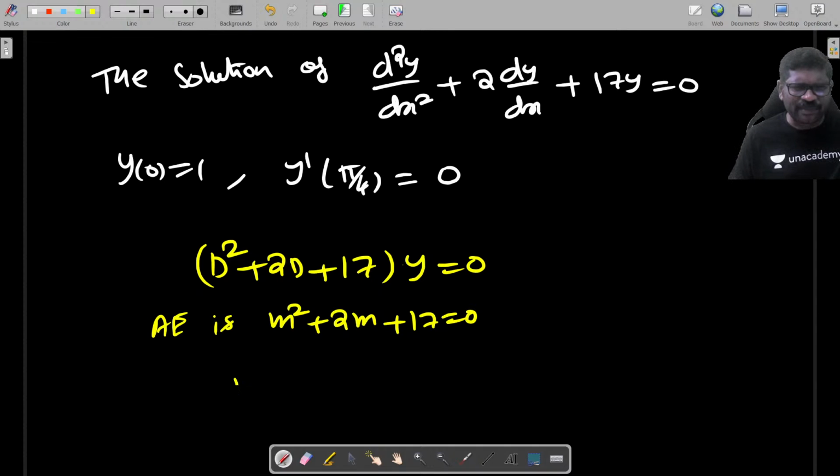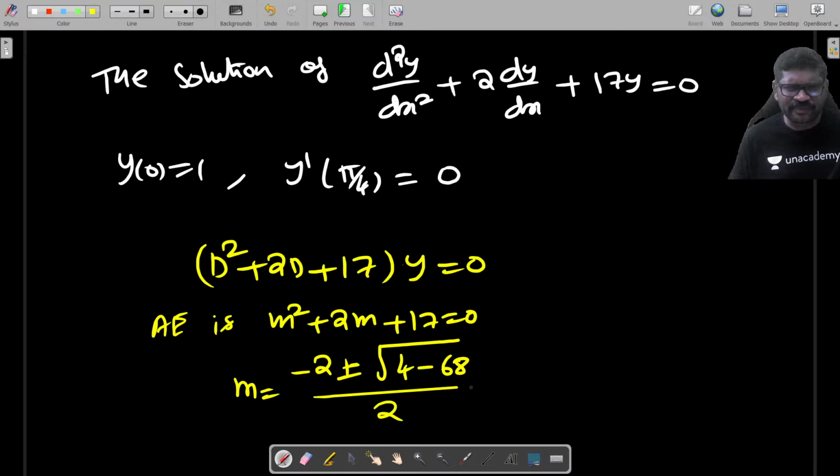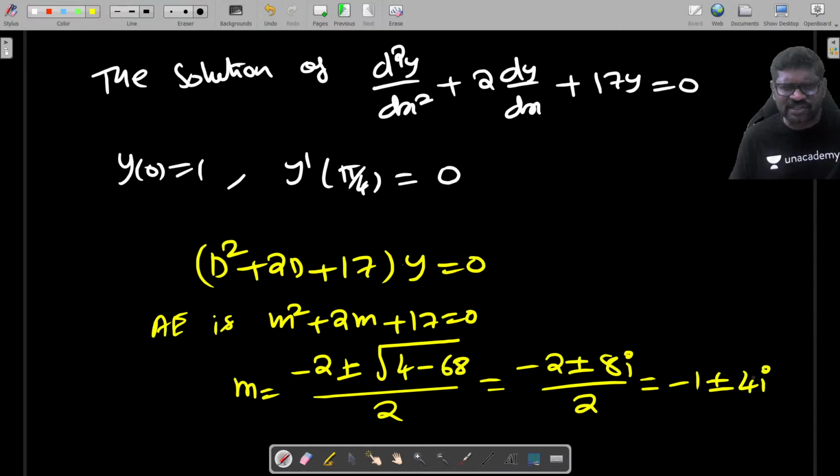Now, m is minus 2 plus or minus square root of b square minus 4ac by 2a, that is minus 2 plus or minus 8i by 2, that is minus 1 plus or minus 4i.